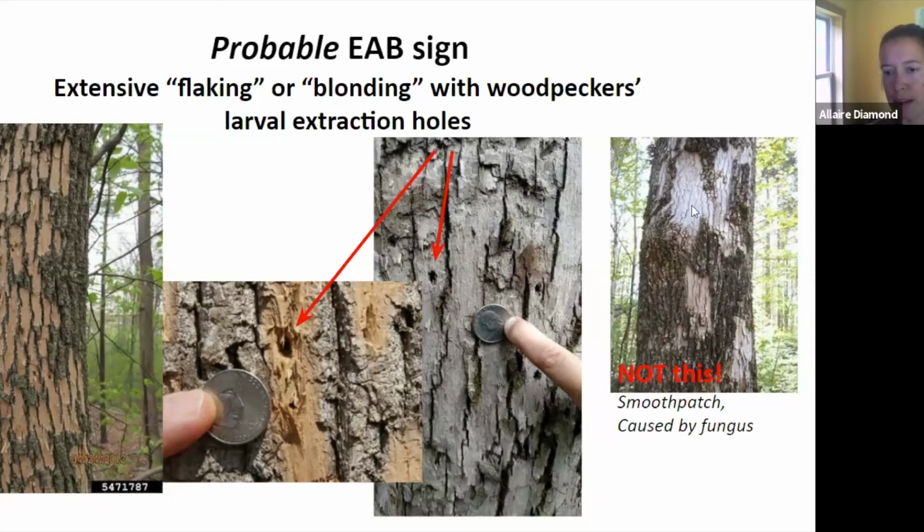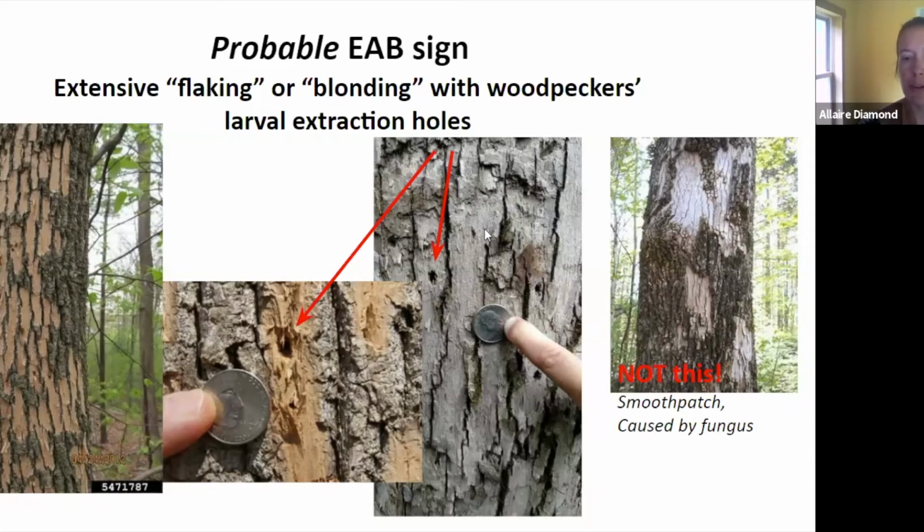Sometimes I see trees where there's more of this than not, the smooth patch. But in looking closely at it, if I don't see those larval extraction holes, because the woodpeckers are picking off this bark and then pulling the larvae out, this is just bark sloughing off on its own. It's a distinctive difference. So the blonding is something that's really distinctive.